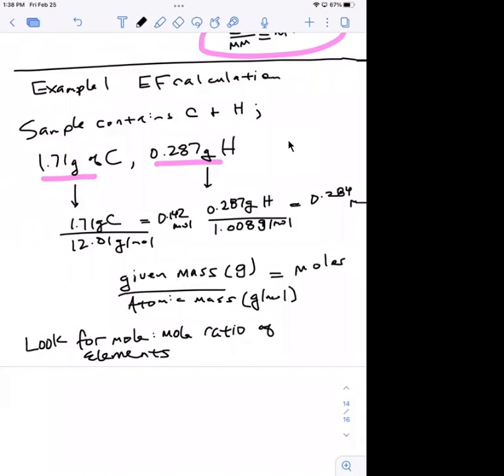The next step is to put in these numbers that we just found. So we're going to write the formula with the mole calculations that we just did.